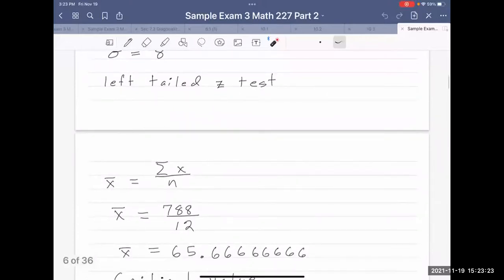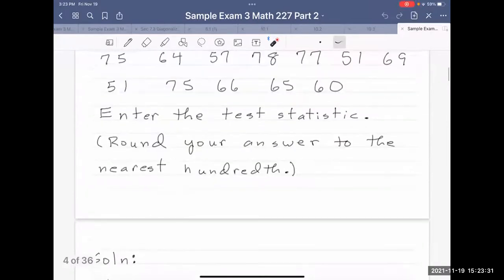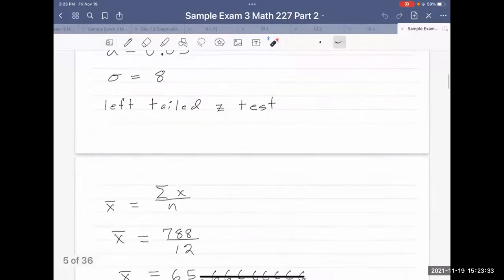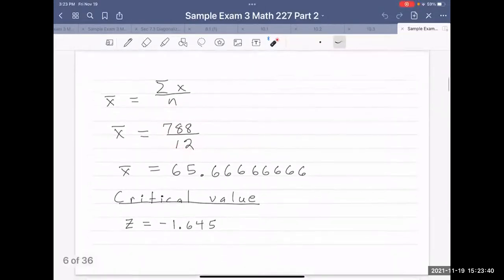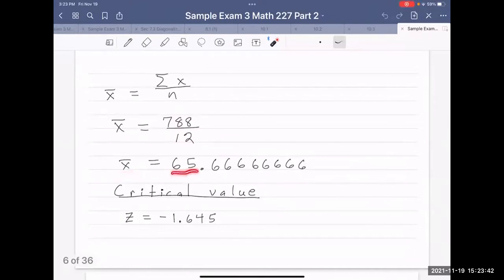Let me determine some of the statistics. So the sample mean, let's add up all these numbers, divide by how many there are. So if you add them all up, you get 788 divided by 12. And so 65.666.